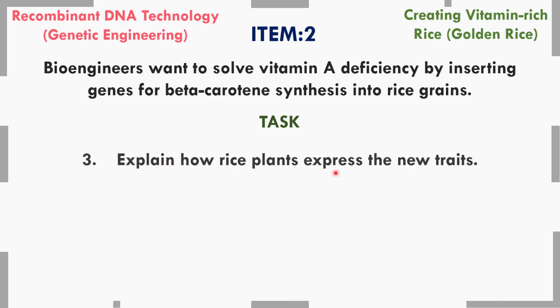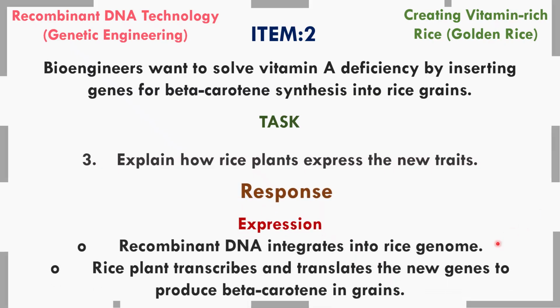Explain how the rice plant expresses the new traits. Expression: recombinant DNA integrates into the rice genome. The rice plant transcribes and translates the new genes to produce beta-carotene in grains.